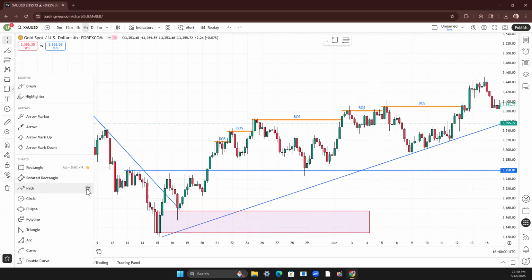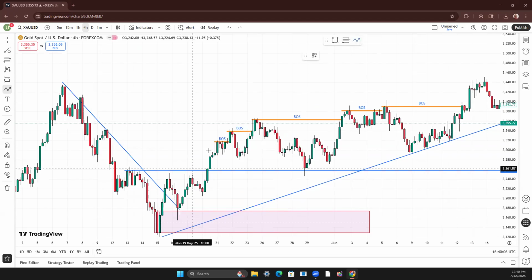Click the path button here, make it one of my favorites, as you can see it's up here. So I'm going to click the path, click on that, right? We're going to start from the bottom and work our way up. We're going to lock it up with this pencil lock. We're going to make the path like this.